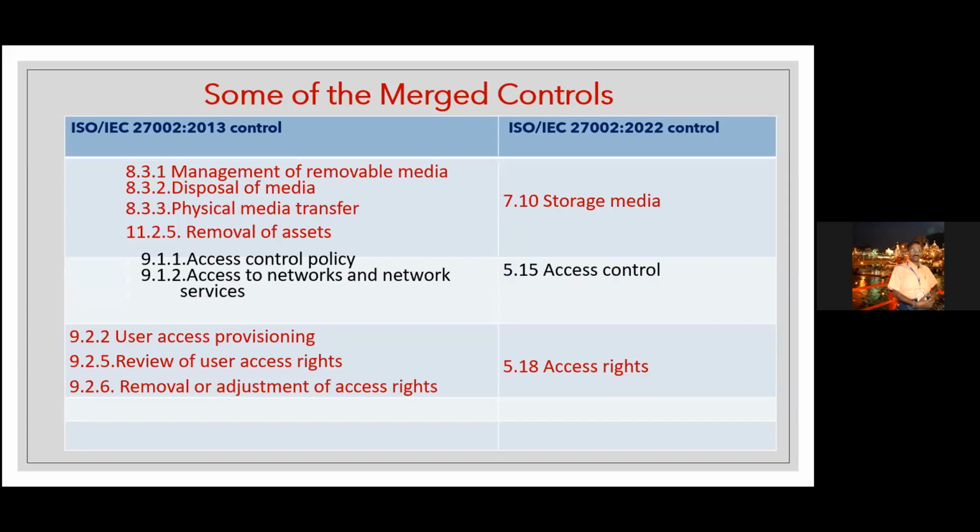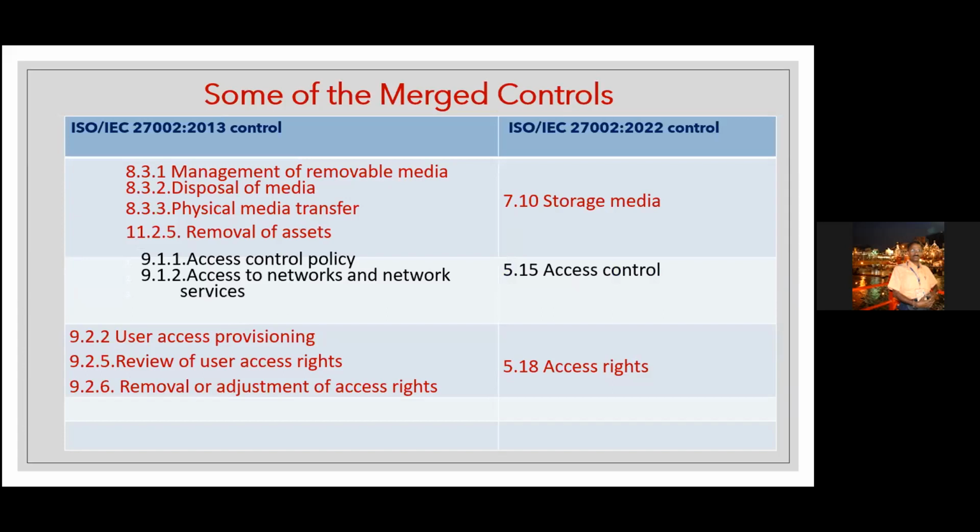When we look at the major changes from the 2013 version, these four controls, management of removable media, disposal of media, physical media transfer, and removal of assets, have had their entire control structure put under 7.10, called storage media. Whatever media you use, the pen drive or the hard disk or other storage, whatever controls apply have been combined under one control.